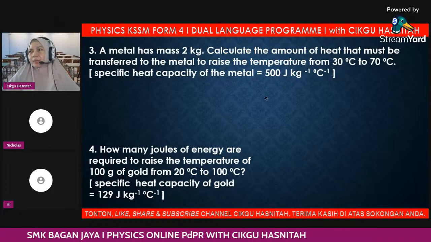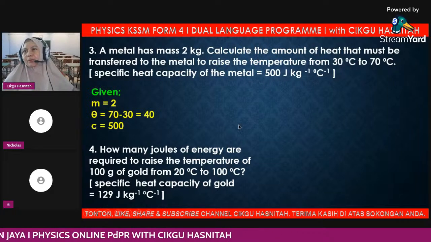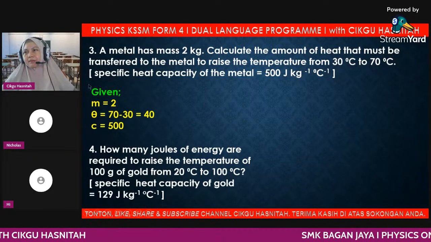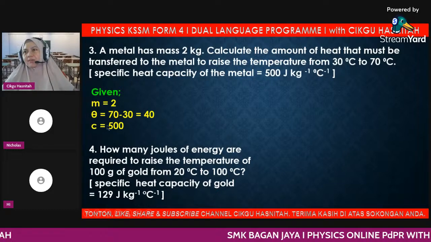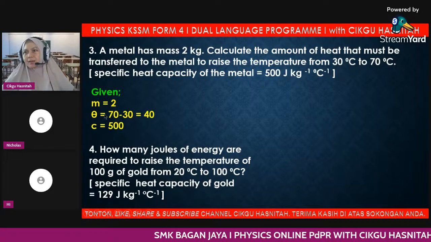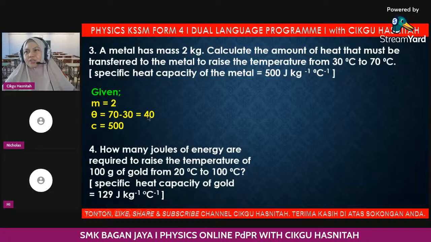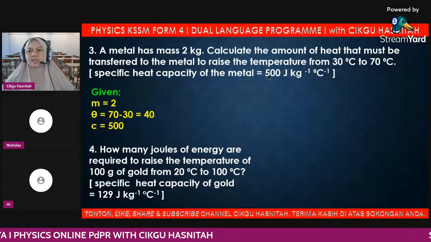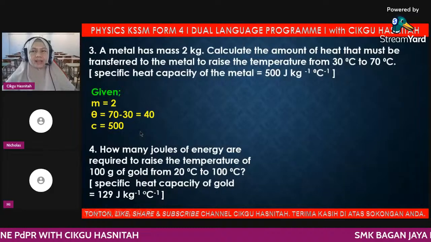All right, so we are using Q equals mc delta theta. But before that, this is the information you are given: the mass is 2 kg, the temperature change is 40 degrees Celsius, and the specific heat capacity is 500.